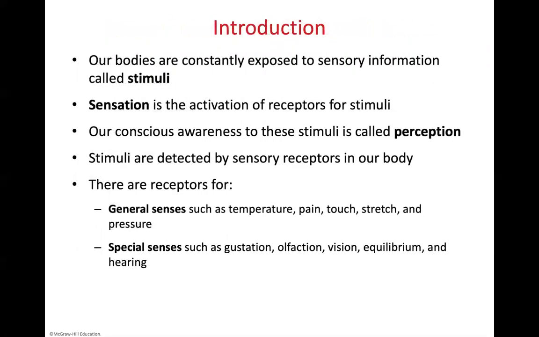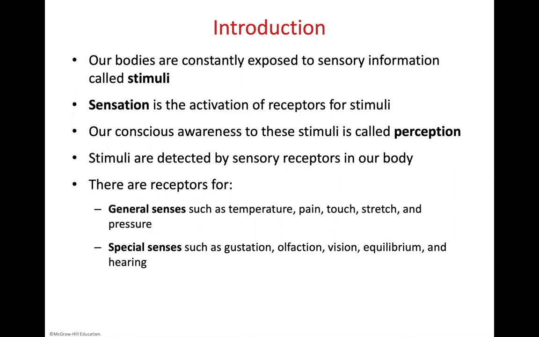So our bodies are constantly exposed to sensory information, and that sensory information is called stimuli. Anything that's a change in the external world or in the internal world, that's a stimulus, the singular of stimuli. Sensation is the activation of receptors for a particular stimulus.